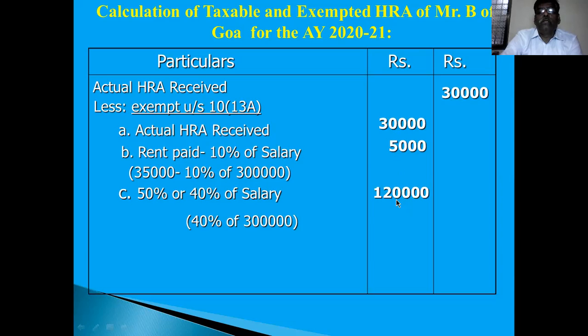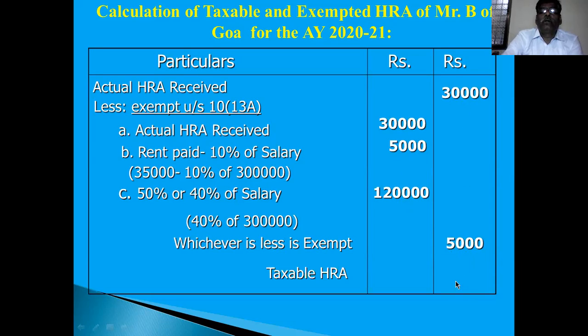Least of the three is exempted. So whichever is less, you take to the outer column. 5,000 is exempted. 30,000 minus 5,000 is equal to 25,000. 25,000 is taxable. 5,000 is exempted. In this way, you calculate.